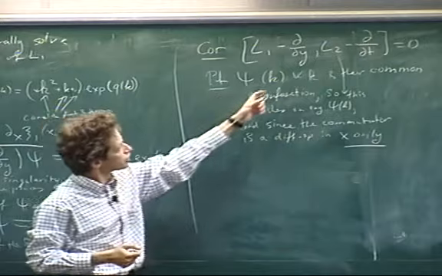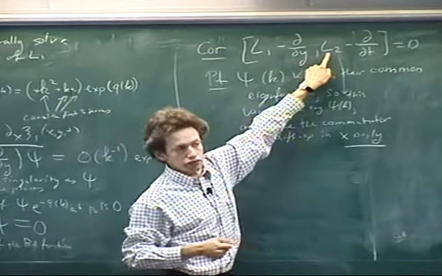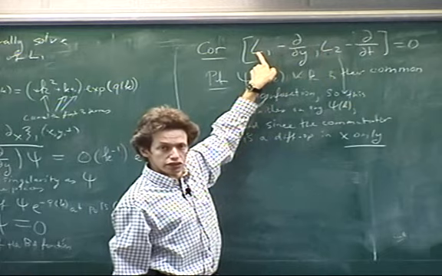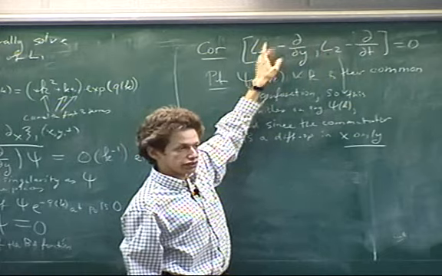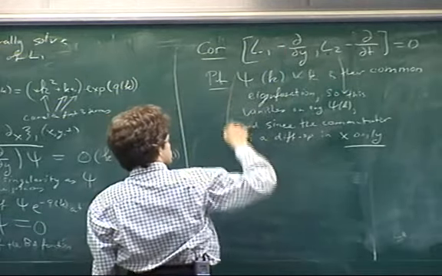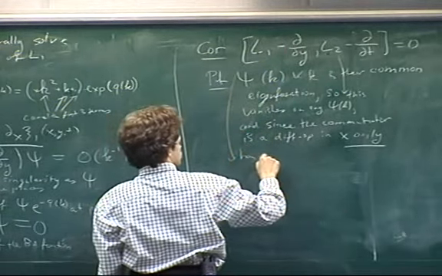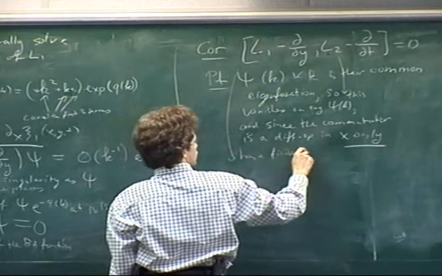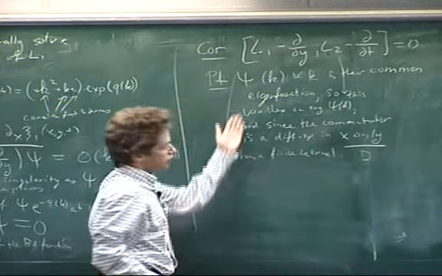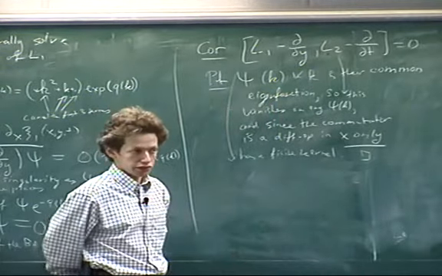But if you commute, all you're doing is you're taking the derivative of this with respect to y and the derivative of this with respect to t. You're no longer left with any differentiation with respect to y and t. So this means this thing has a finite kernel. And so it has to be 0 because it has an infinite dimensional space of solutions. Okay.